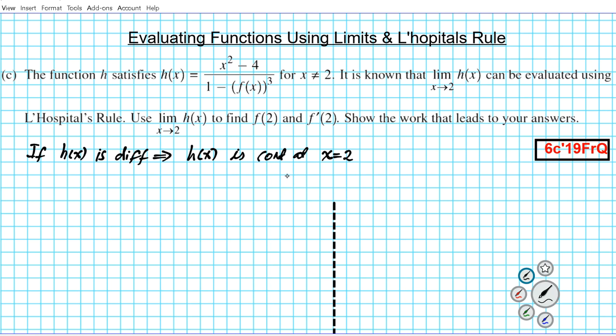So if a function is continuous at a point, what do we know? Well, we know that the double-sided limit is equal to the value of the function.